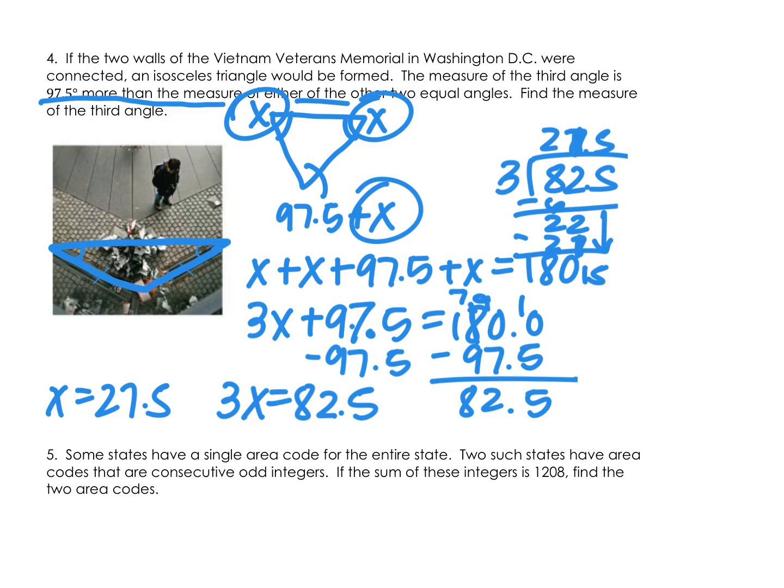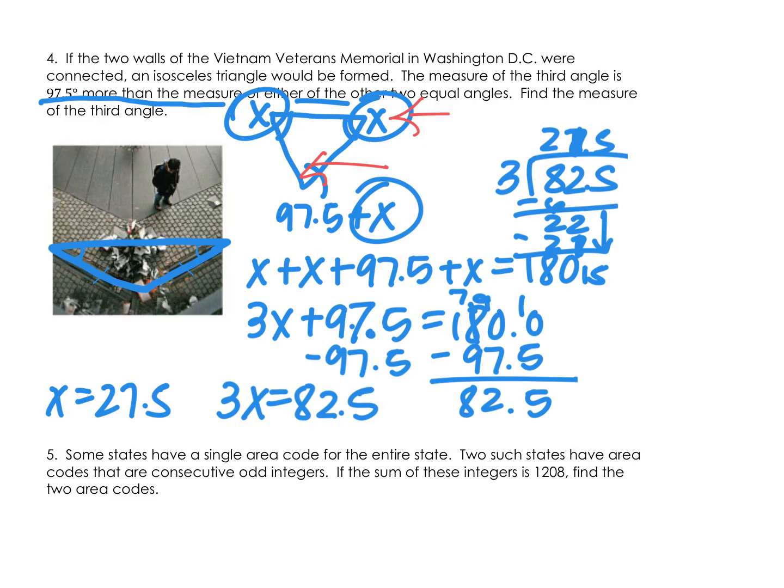So why are we doing the 97.5 again? So we found x. X is these angles. We want this angle, so we need to use the 97.5 to add to it. But how would that be the final answer? Because it just wanted the third angle. So what is 97.5?